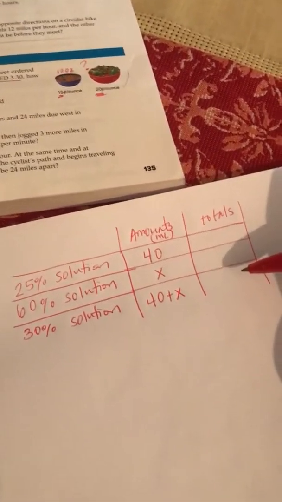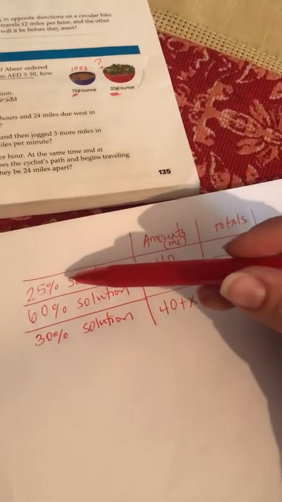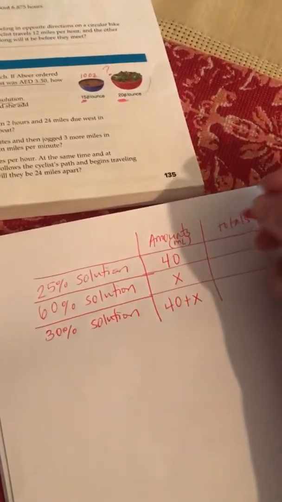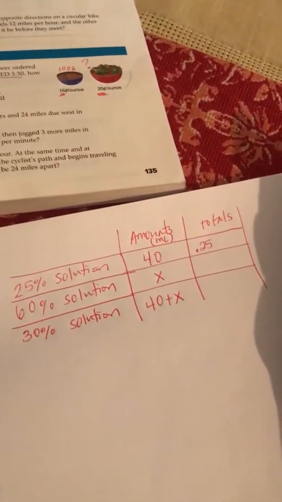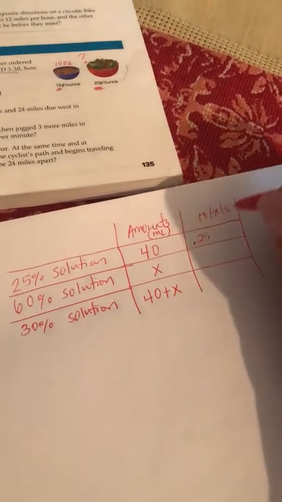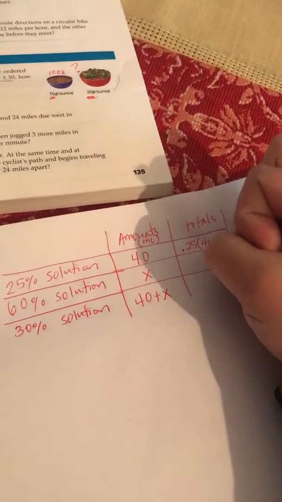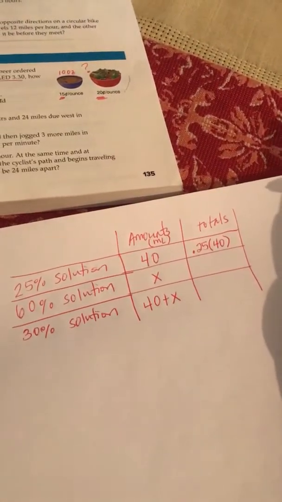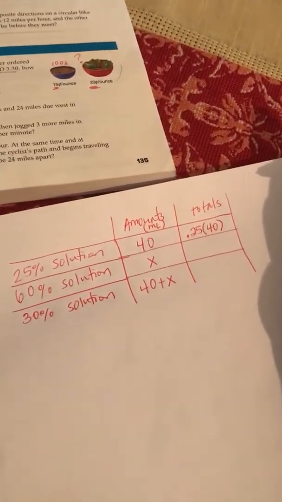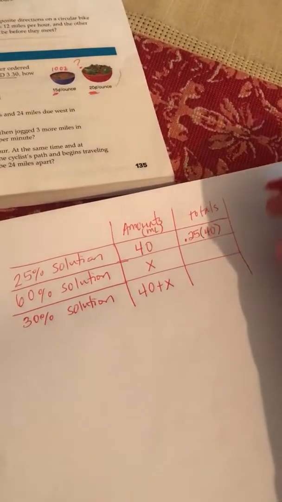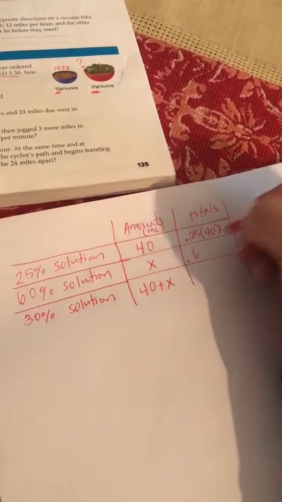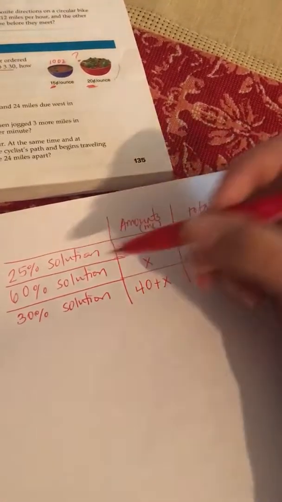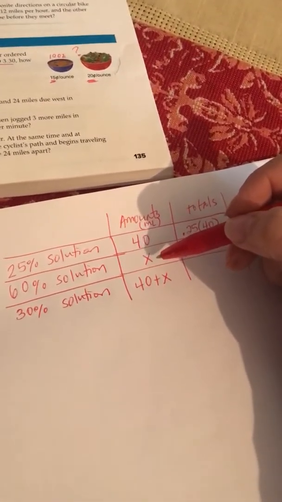Over here you have some more totals. So since we're talking about a 25% solution here, we have 0.25, which is 25% as a decimal, and we're going to multiply that by the amount of that solution that I have, which is 40 milliliters. And then same thing here, except I can do the 0.6 for my decimal for 60%, but I don't know how much she has.